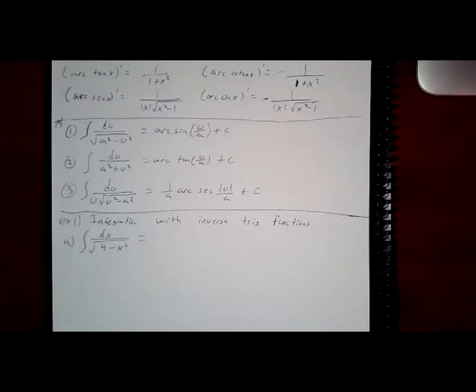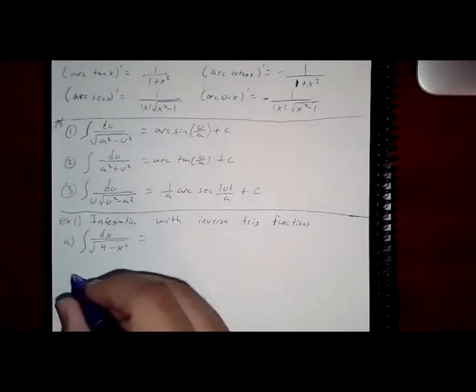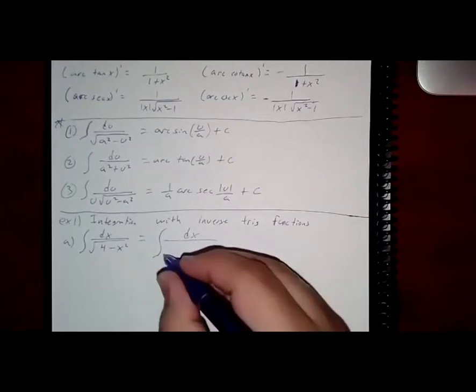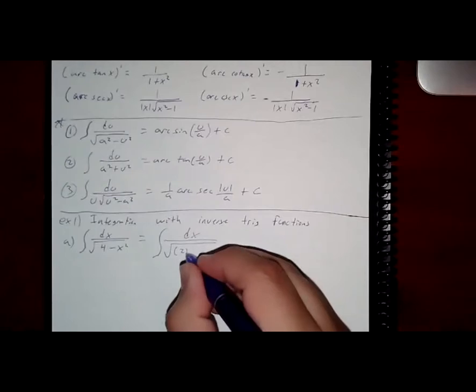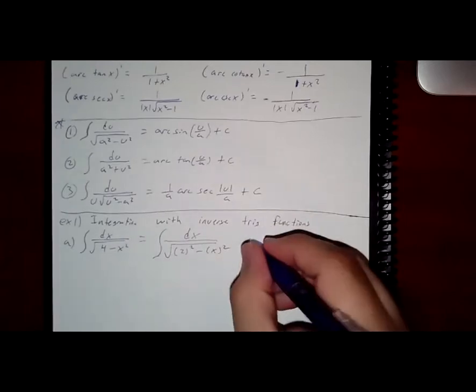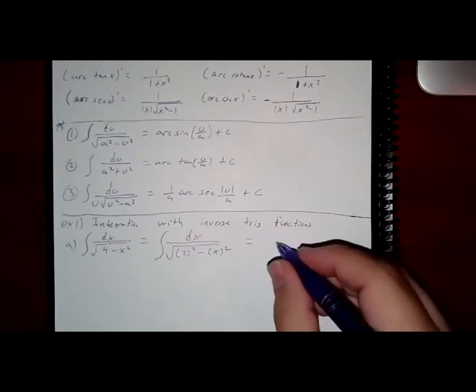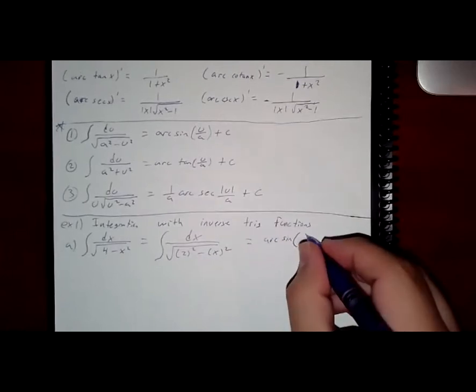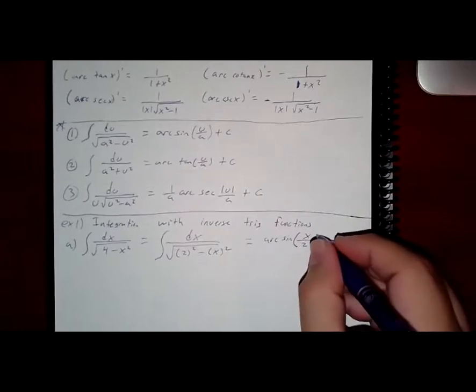We can factor or rewrite that 4 so it looks like number 1. We can say that 4 is 2 squared minus an x squared. So look at number 1, we have some a, some number, minus some variable. That will give us arc sine of x over 2.